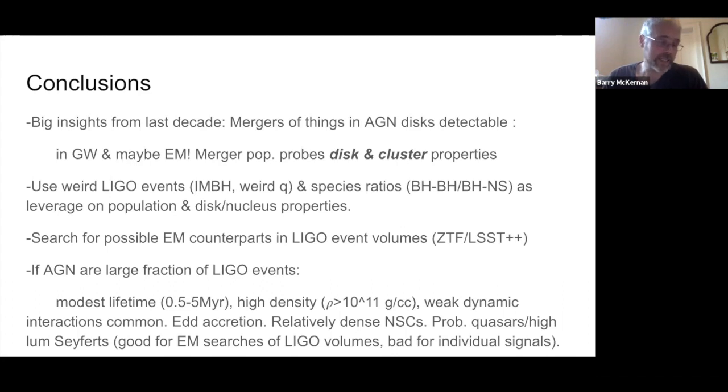There's also the state of the accretion disk, the mode of accretion, which I didn't get into. You could have a fairly radiatively inefficient accretion disk. Those are expected to be puffier.